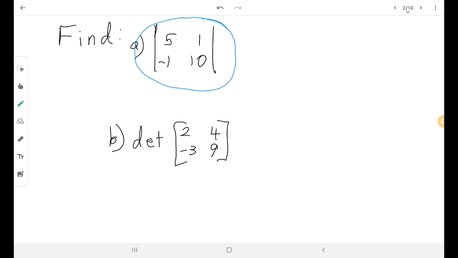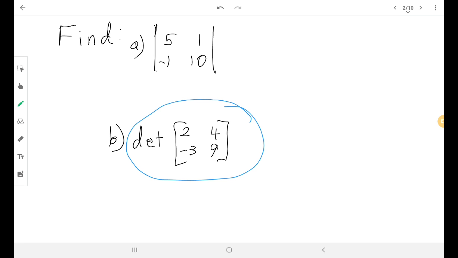You can write the matrix with just straight bars, and that is actually saying to take the determinant, or you can write DET at the beginning and put the matrix after it, and that is also saying to take the determinant. So when we take the determinant of a 2 by 2 matrix, it's pretty straightforward.